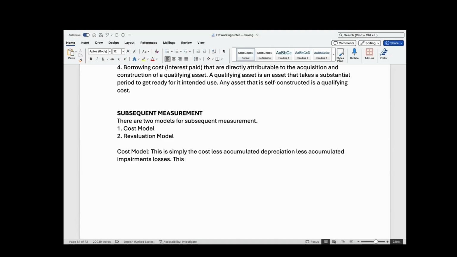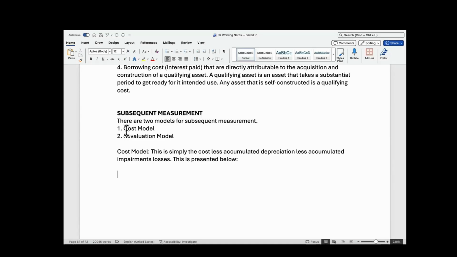Okay, this is presented below. I'm presenting it below not because I need to, but I just need you to see that it is a model, it's just a formula. They can ask you in the exam to explain the models for subsequent measurement of an item of PPE. Nobody is expecting any special definition.